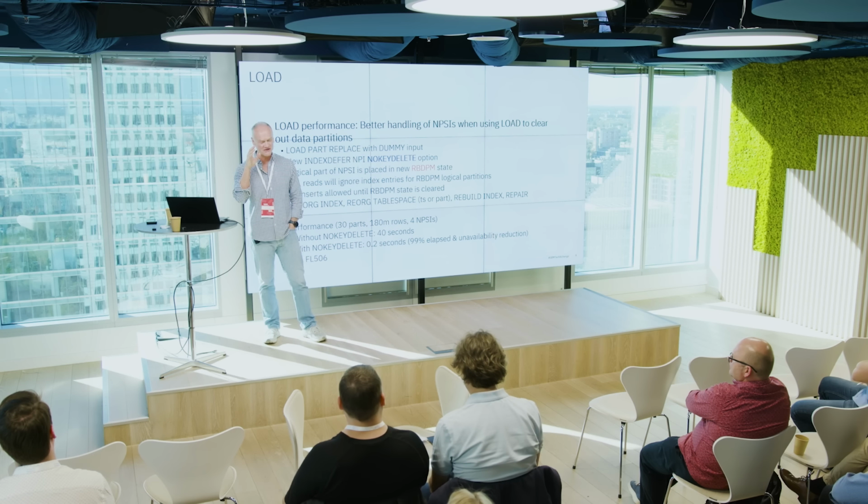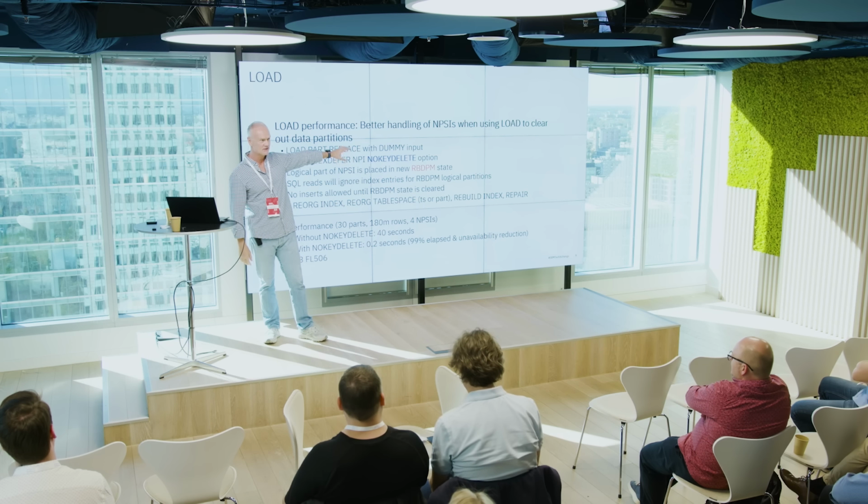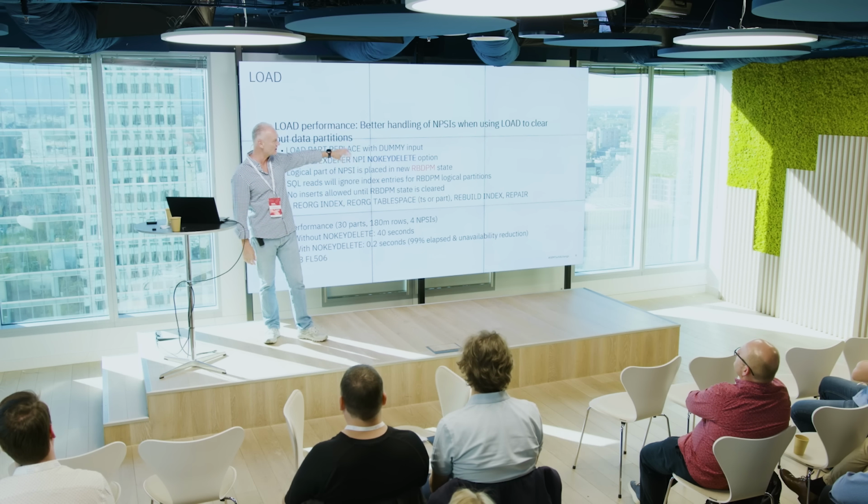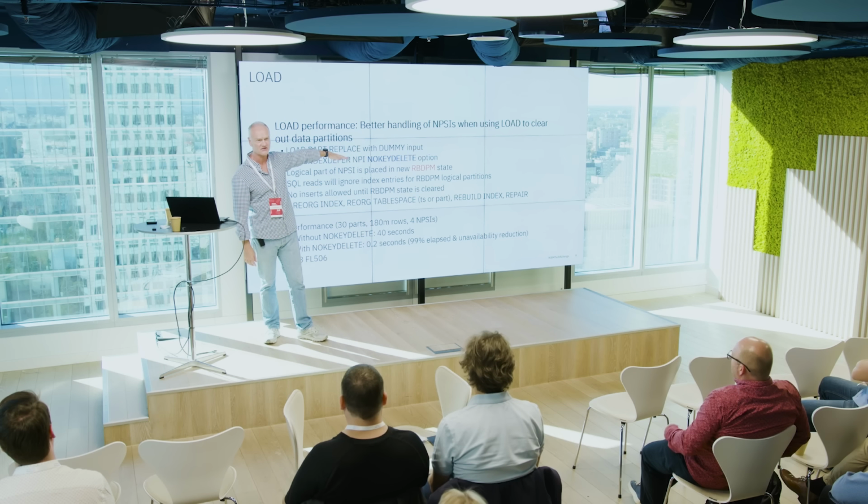So the question is, for an index-only access, when we come across an index entry belonging to this logical partition, how do we know to skip it? How do we know it belongs to this logical partition? The reason is that the index entry has not just the index key, it's got the RID of the data row.